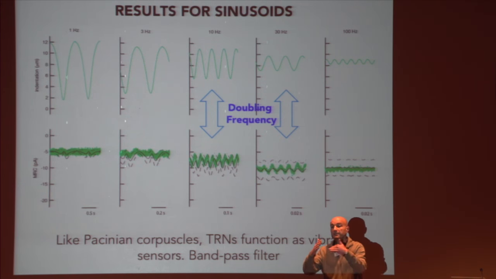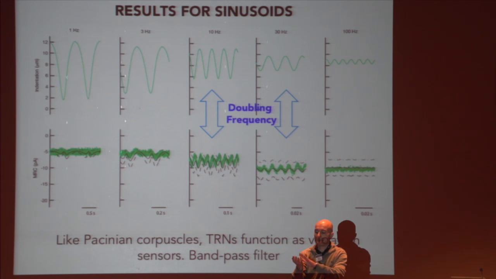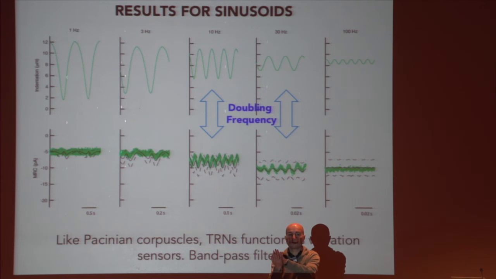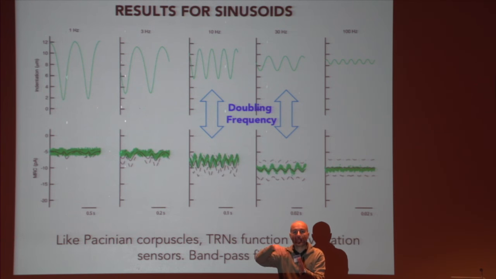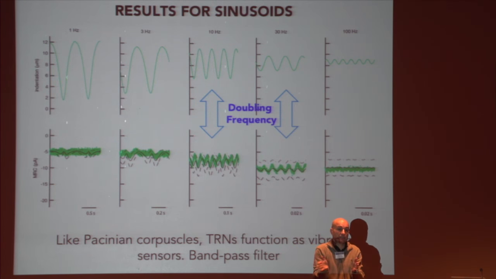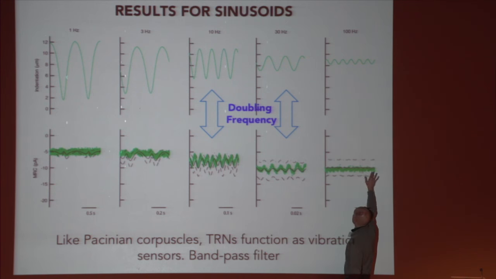The reason is that there's a switching time for the channels to go from open to closed, an intrinsic time of the order of 10, 20 milliseconds. Therefore, if you go too fast, the system is not able to follow these frequencies anymore. There's some inertia at the level of the channels, and you see this flattening out of the response.